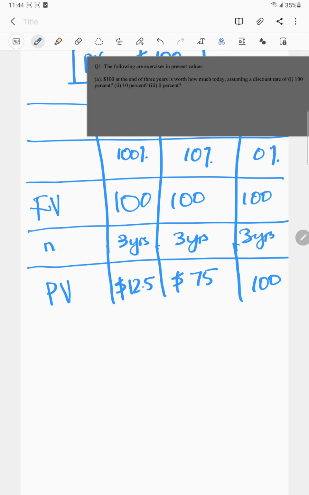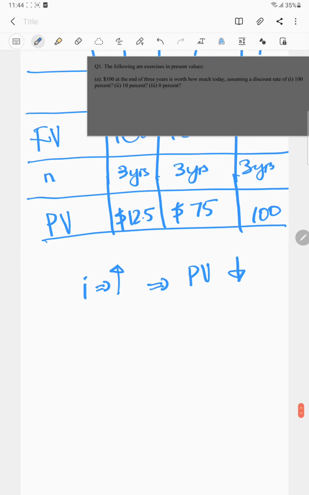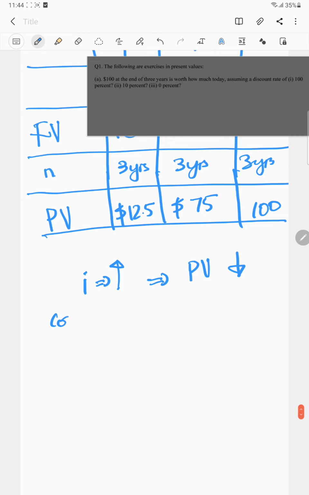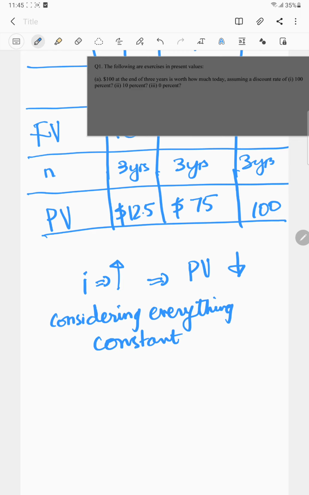So from here we can demonstrate that if my interest rate is going up, my PV will go down, considering everything else constant.